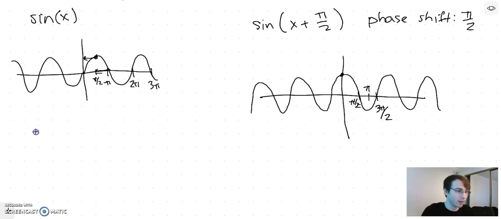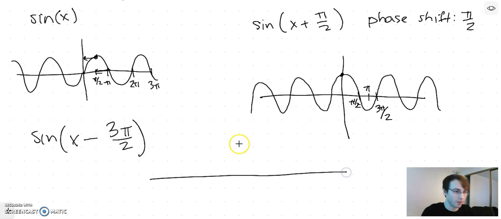Likewise, if we did, say, sine of x minus 3 pi over 2, let's draw the graph of that. Originally, at 3 pi over 2, this is negative pi over 2, this is negative pi, this is negative 3 pi over 2.